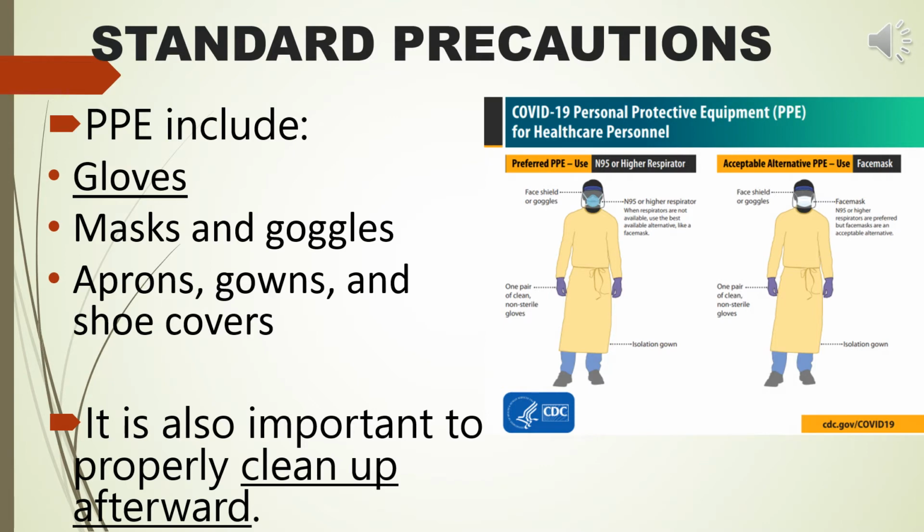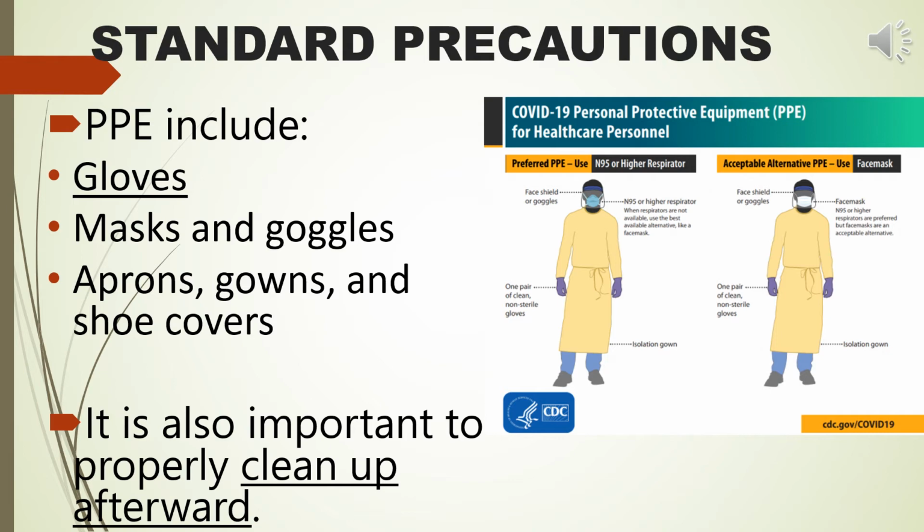Next one is the PPE. You can see on the screen the picture of the PPE, that is the face shield, N95 mask, gloves, and isolation gown. It includes gloves, mask, goggles, apron, gowns, and shoe covers. Yes, it is a new thing that shoe covers are also included in the PPE.